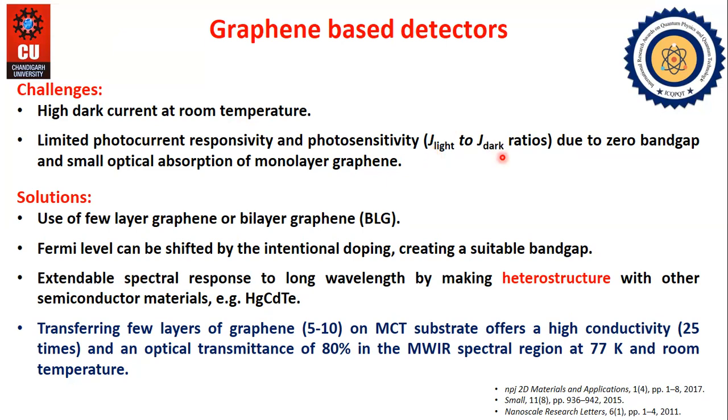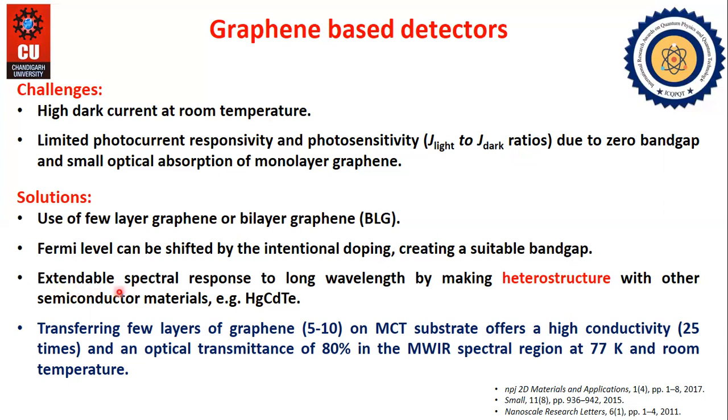For graphene-based photodetectors, accordingly, several efforts have been made to improve performance, such as the use of fluorinated graphene, graphene quantum dots, and inducing a small gap in graphene by intentional doping. This means we can shift the Fermi level either upward or downward, which will create a suitable band gap opening in the graphene.